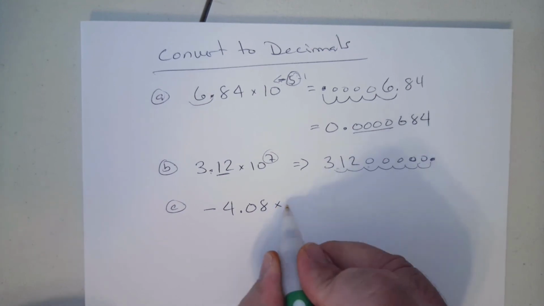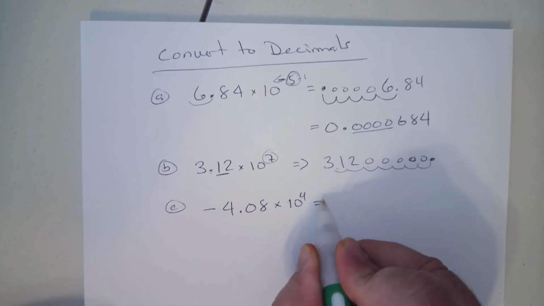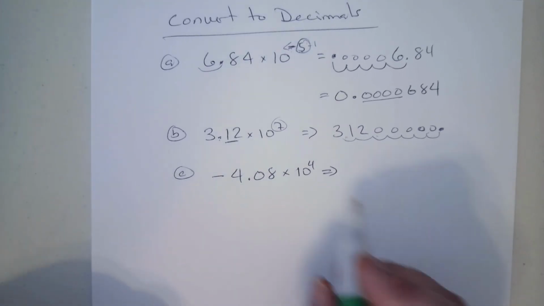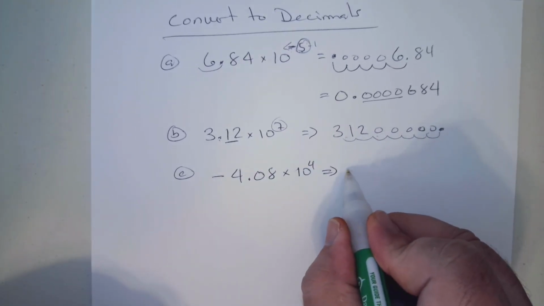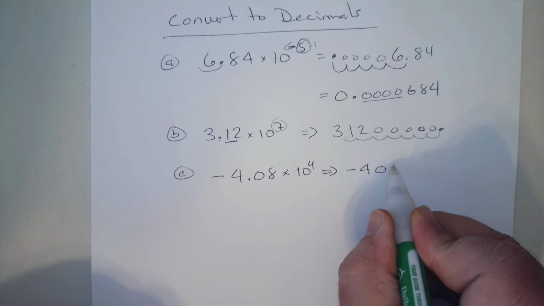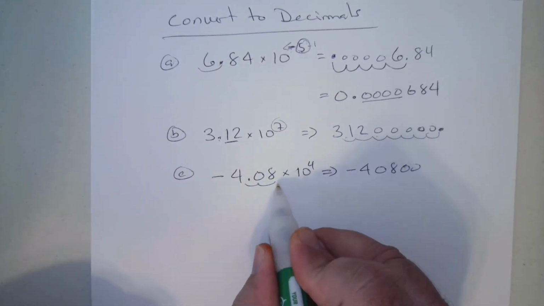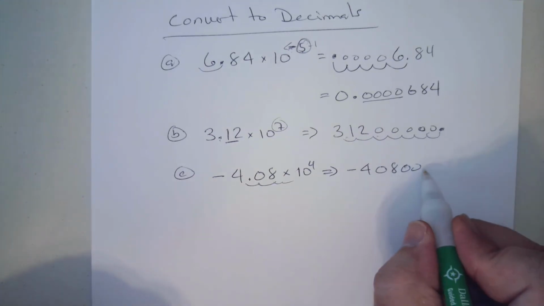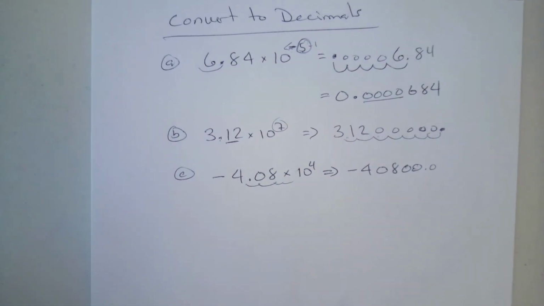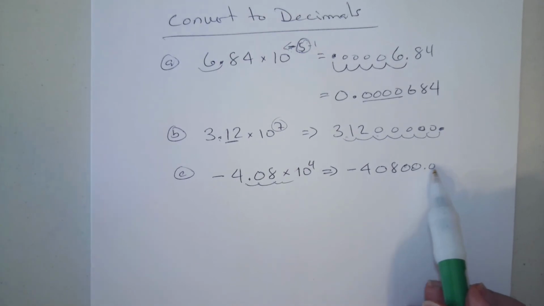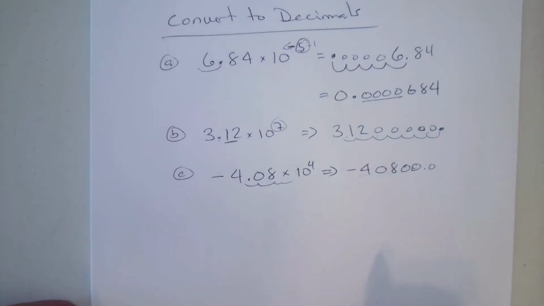Negative 4.08 times 10 to the 4th. Because it's a positive, I still have 1, 2. So I have 2 zeros behind it. I have to move 2 more spaces. And there's my answer. You can, but you don't have to put a .0 behind it. There's your answer.